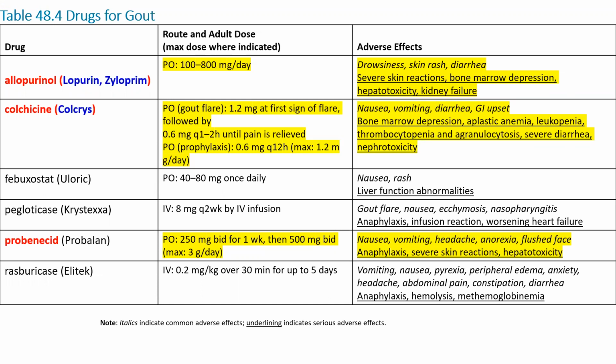Allopurinol is not used during acute attacks. During gout flares, exacerbations, or gout attacks, colchicine can be given either PO or IV.